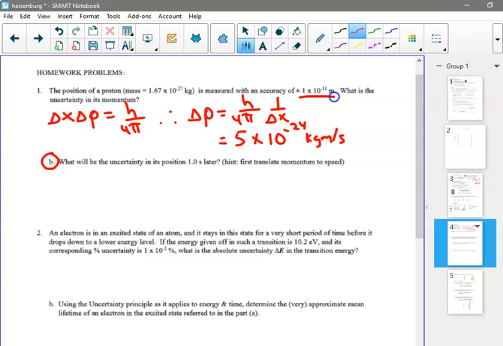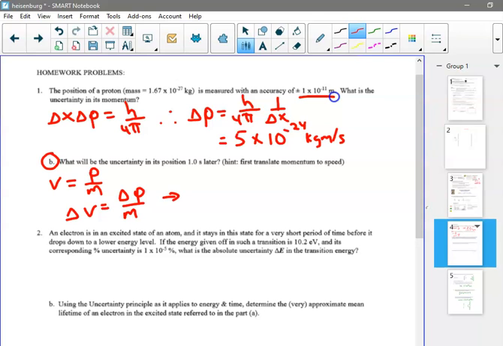And so we can use essentially kinematics. The key here is, how do we go from momentum to position? Well, we figure out how fast the proton is moving. So if we know that the velocity of a proton is its momentum divided by its mass, then the uncertainty in the velocity is the uncertainty in the momentum divided by the mass.